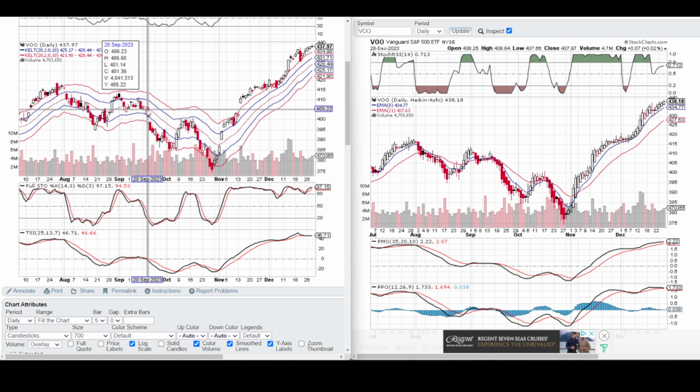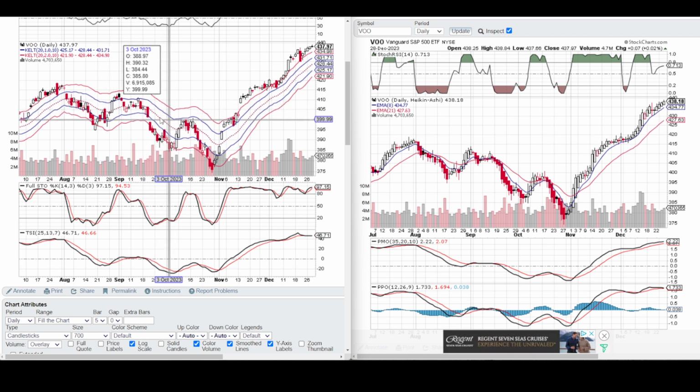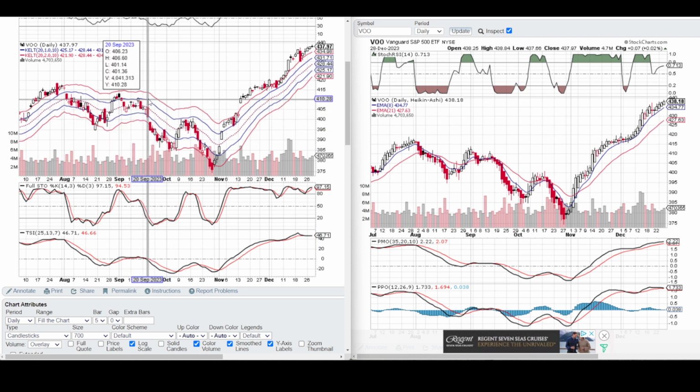I'm putting it right on this red indicator here. You can see right about there that the TSI went down. So the full stochastic gave you a little bit more warning than the TSI line. And you can see also the downward slope of the lines of the graph here.